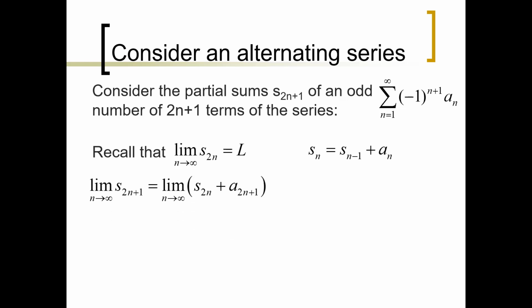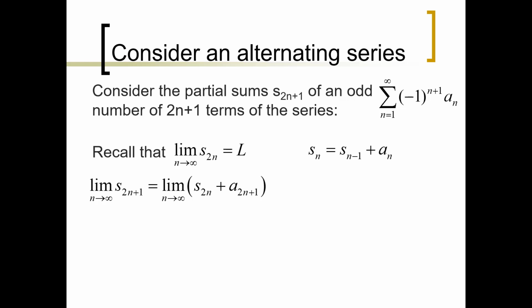So if I want to know the limit of S sub 2n plus 1 as n increases without bound, I know that partial sum can be rewritten as the sum of the first 2n terms, that's S sub 2n, plus the term I have not yet added, which would be a sub 2n plus 1.